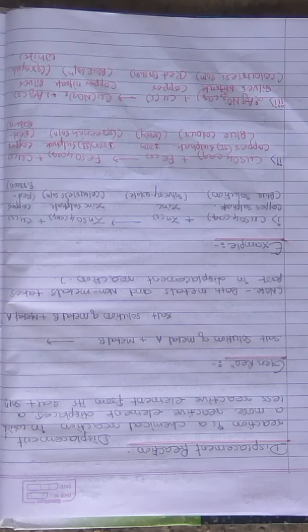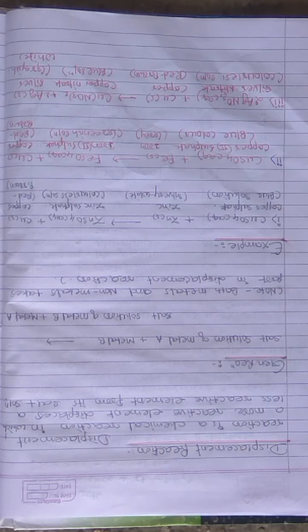Once again I am saying the definition of displacement reaction, my dear students. Displacement reaction means that it is a chemical reaction in which a more reactive element displaces a less reactive element.